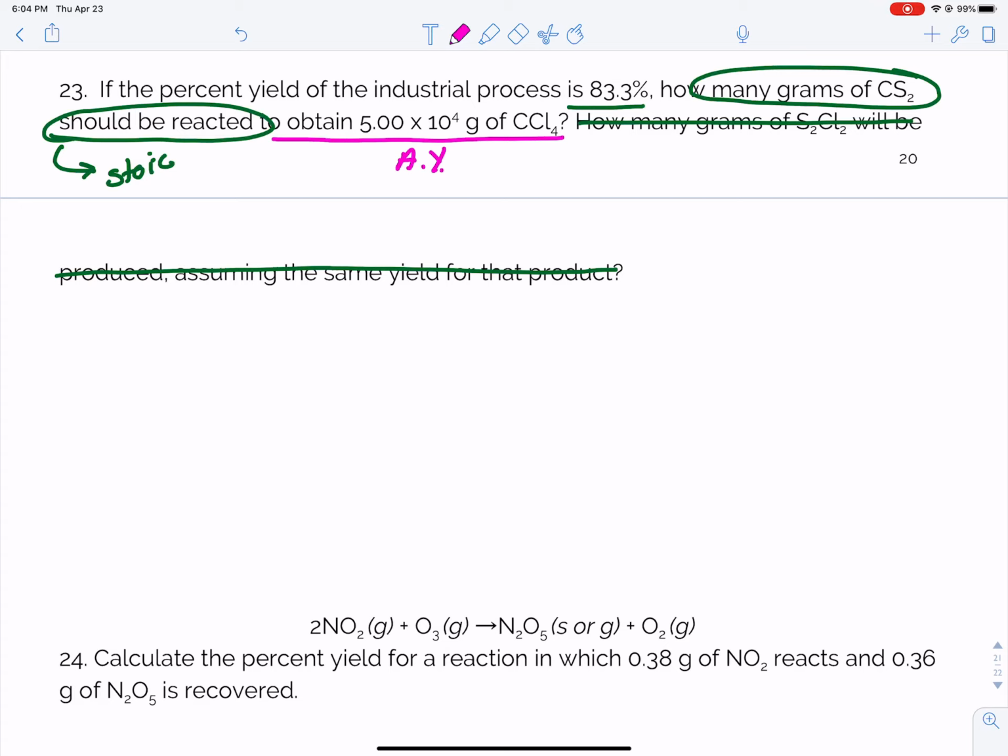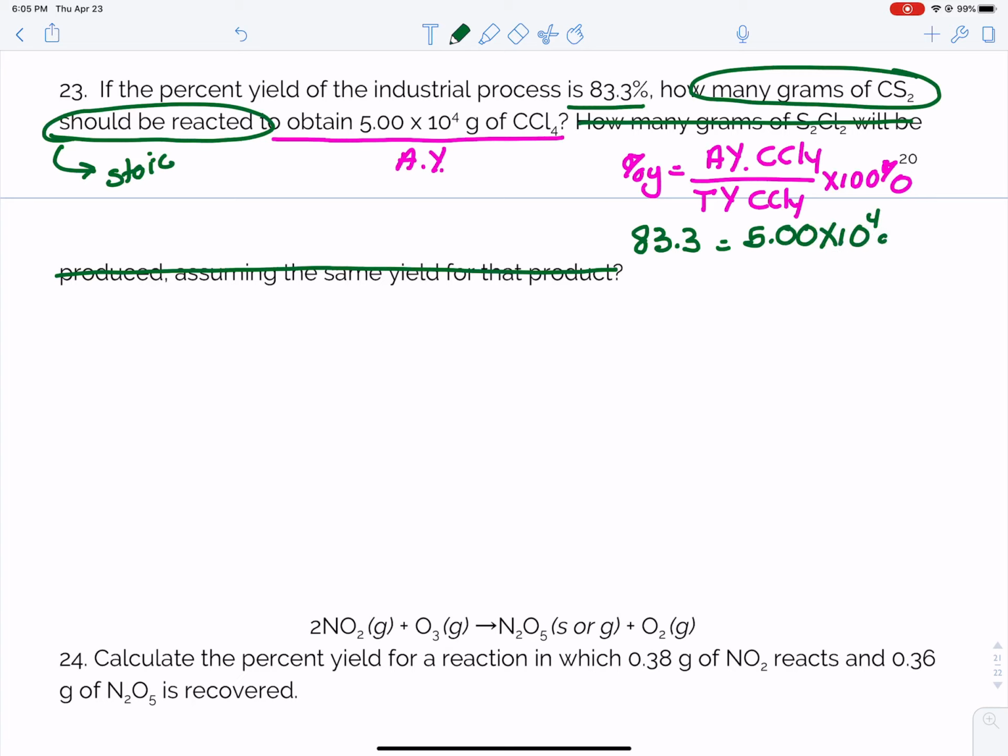And if you think about the formula, percent yield equals the actual yield of CCl4, in this case, over the theoretical yield of CCl4, times 100%. Think about the fact that there's 3 variables in this problem, and you know 2 of them. You know the percent yield is 83.3. You know the actual yield, how much I actually want to make, 5.00 times 10 to the positive 4 grams of CCl4.